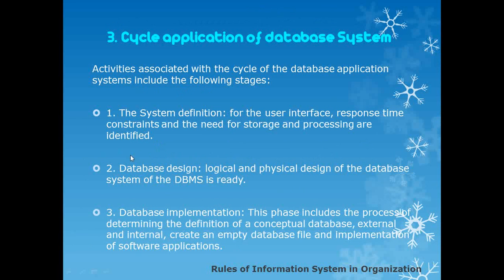And 2. Database design. Logical and physical design of the database system, where the DBMS is ready. The logical and physical design has to be ready with an ER model.